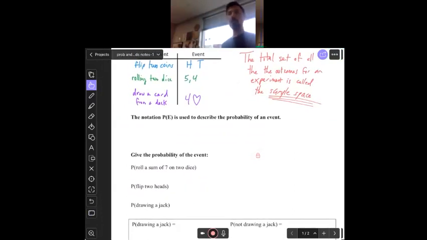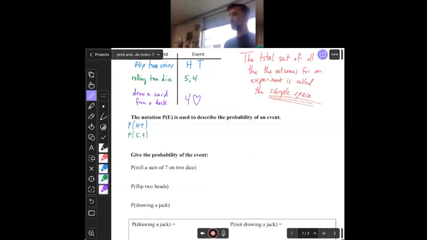And then we use this notation P of E. It's kind of like function notation, P of E, f of x, to describe the probability of an event. So we would say the probability of flipping a heads and a tails. What's the probability of rolling a 5 then a 4?